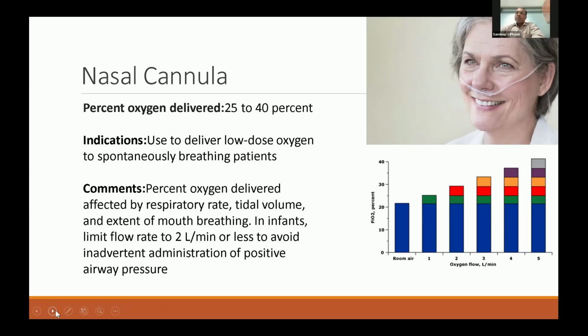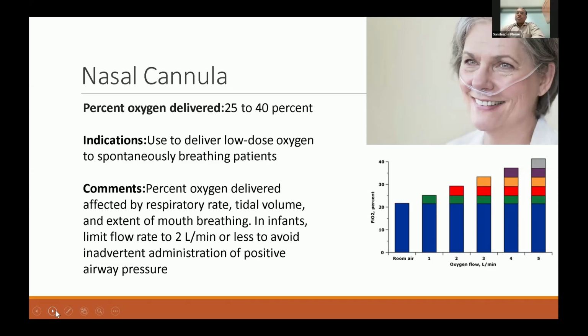And as you increase oxygen flow through a nasal cannula by 1 liter, the oxygen delivery, or the fractional inspiration concentration, FiO2, increases by 4 to 5%. So the maximum that you can give is around 40%, and with 1 liter of oxygen, you can give around 24 to 25% of FiO2 to these patients.